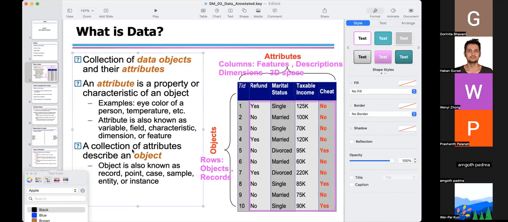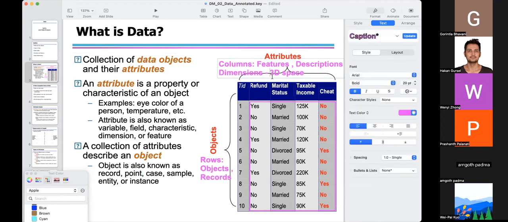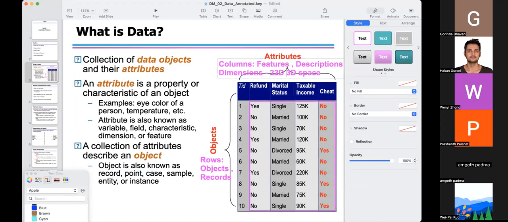A collection of attributes describe the object. So the object is known as a record or point, and it's point because like I said, we can map them into space. Either 2D space, 3D space, or more as needed.